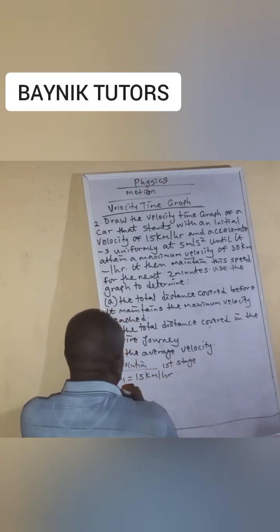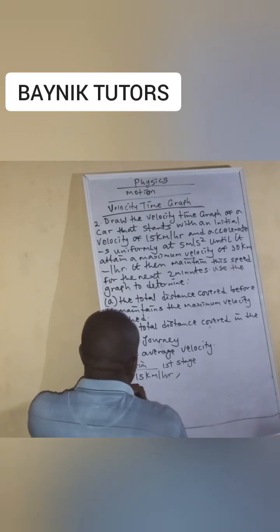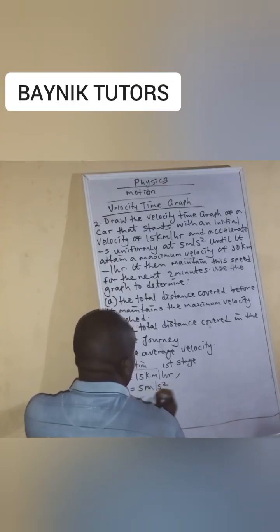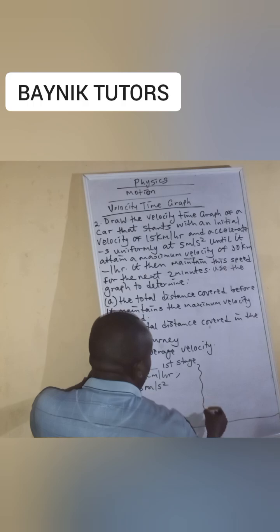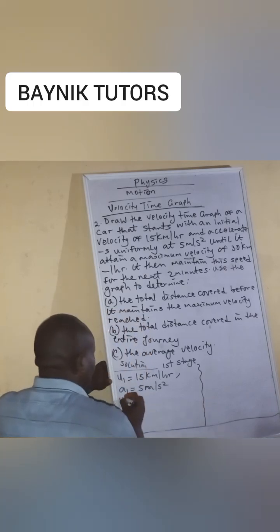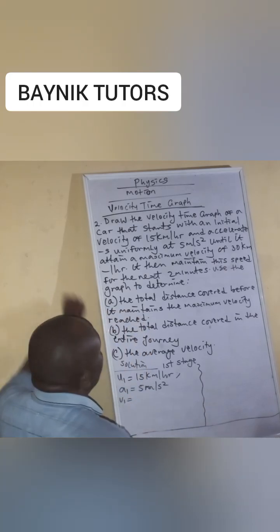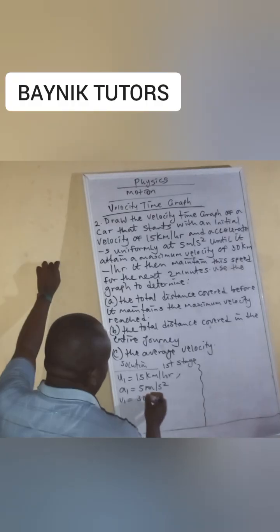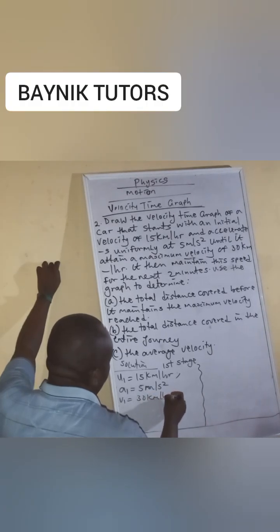So if U1 is 15 km per hour and our acceleration A1 is 5 meter per second square, then our V1 is 30 km per hour.